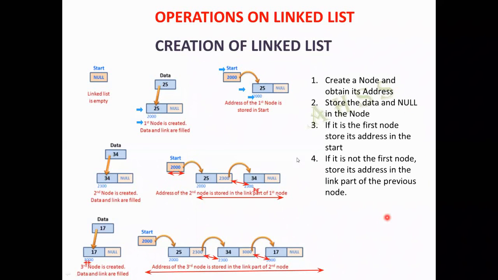You will go on creating as many nodes as you want, until you give a value known as null in the last node. You can go on adding values and increase the size of your linked list. Is this clear? So this is how you will create a linked list.